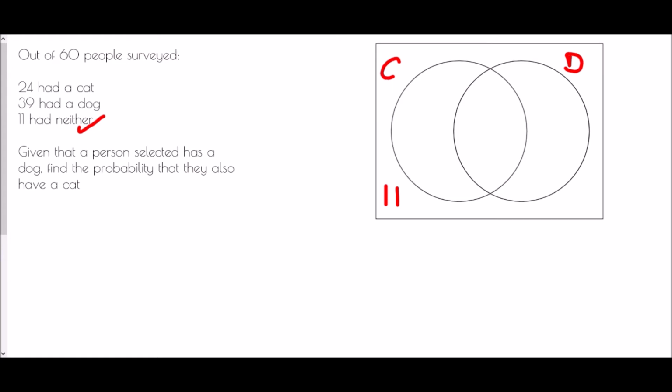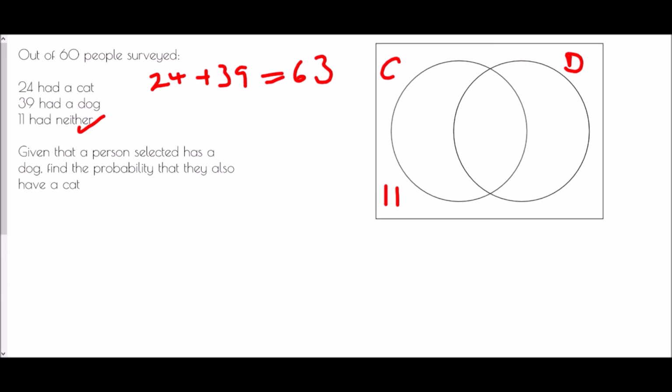Now, how do we decide what goes into the middle? Well, if we look at the two values we've got here, 24 and 39, 24 plus 39 is 63. There cannot be 63 people in our diagram because we only asked 60 people to begin with.